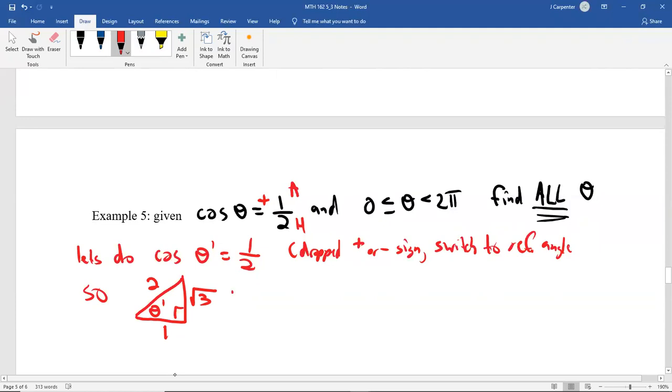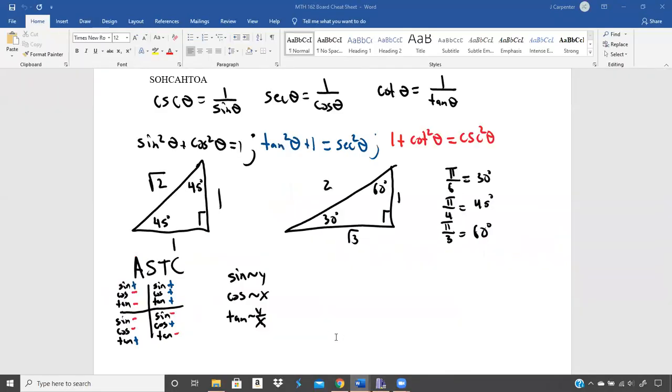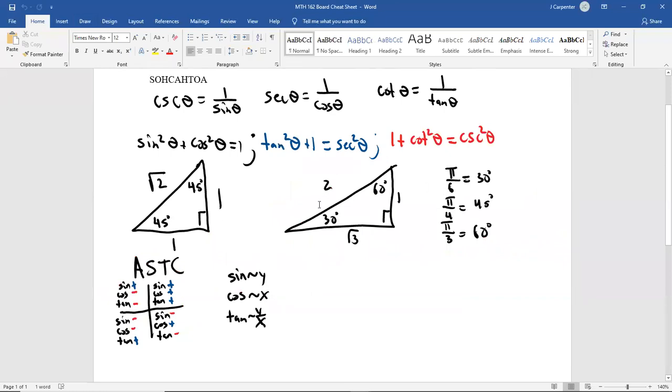This means theta prime is equal to, well, which one was opposite the square root of 3 in this? Was it the 30 degrees or was it the 60 degrees? Well, here's the 30-60 triangle. The square root of 3 is opposite the 60 degrees.